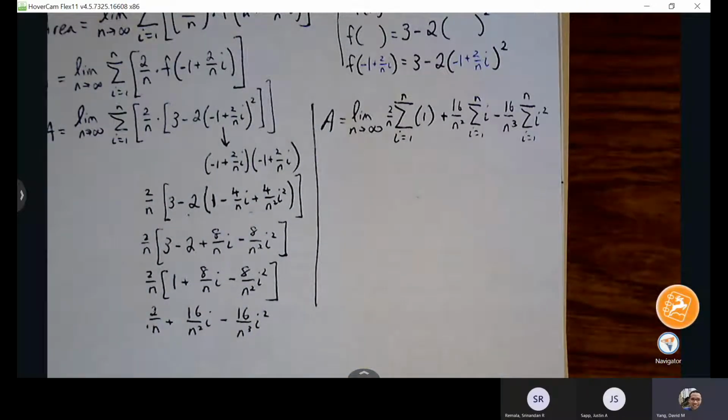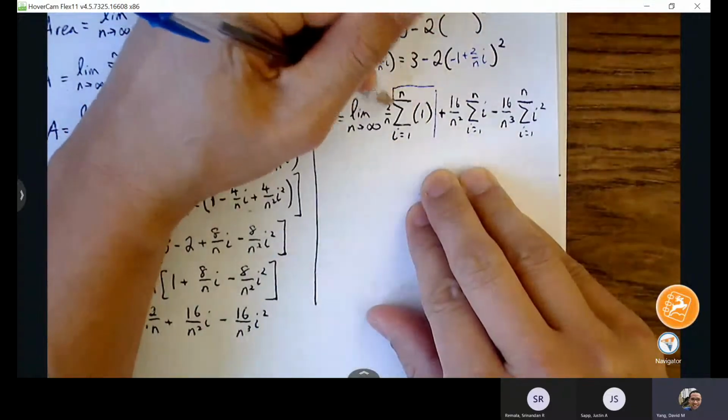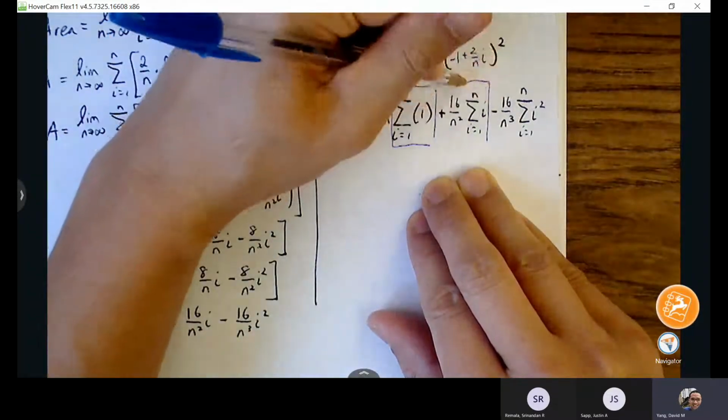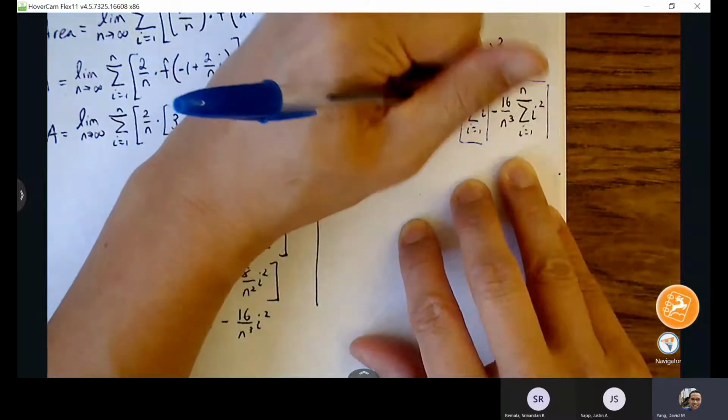All right, so we took our time to separate each of the summations so that we can see exactly where the rules will get applied.